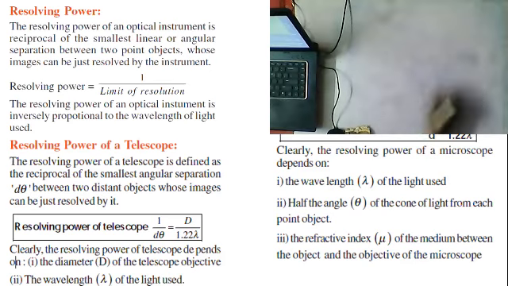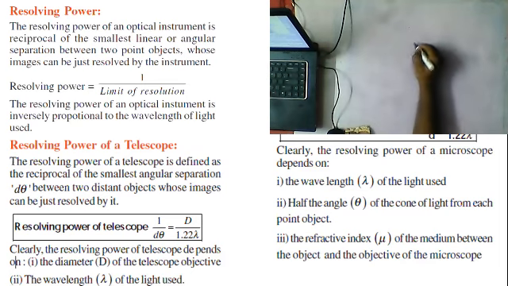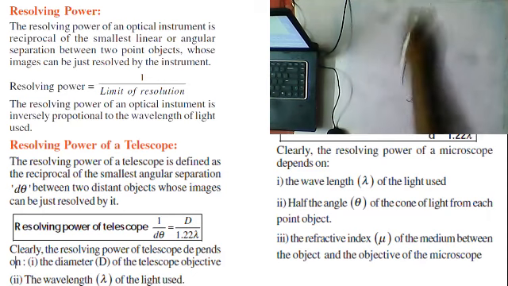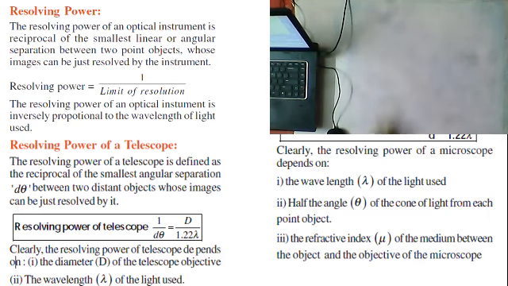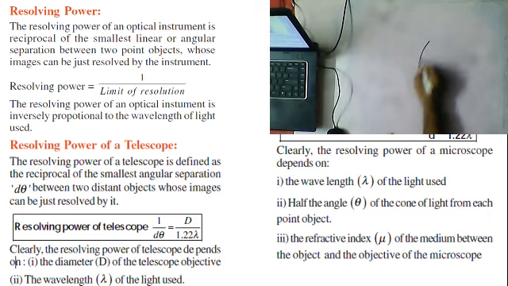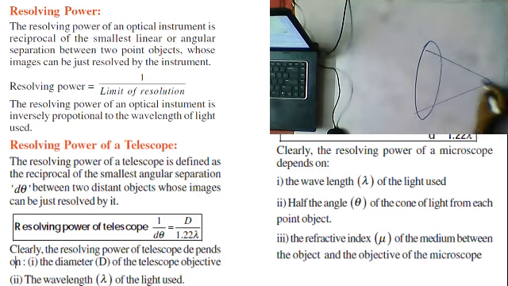So now here, this is the objective lens. Okay, this is an object. Now it will cast an image at this point.